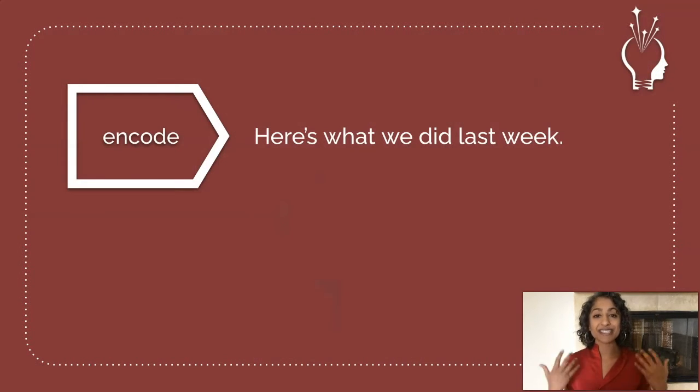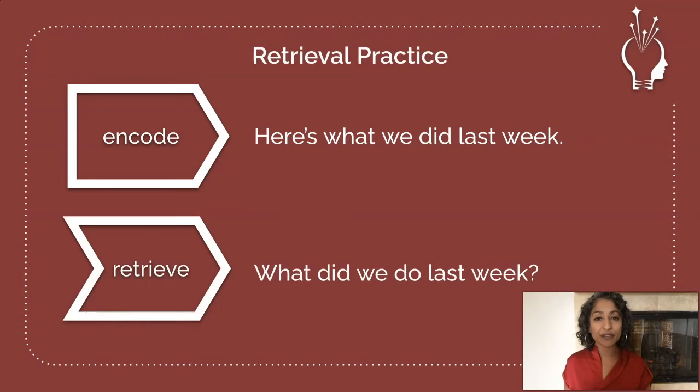One of the first simplest strategies is this. Oftentimes we start our classes by telling students, here's what we did in class last week. That's focusing on encoding, getting information into students' heads. A simple difference to switch to retrieval practice is just asking students, what did we cover in class yesterday or in class last week?